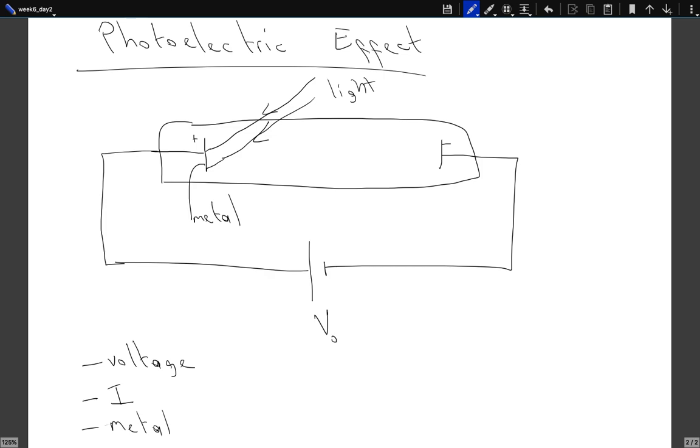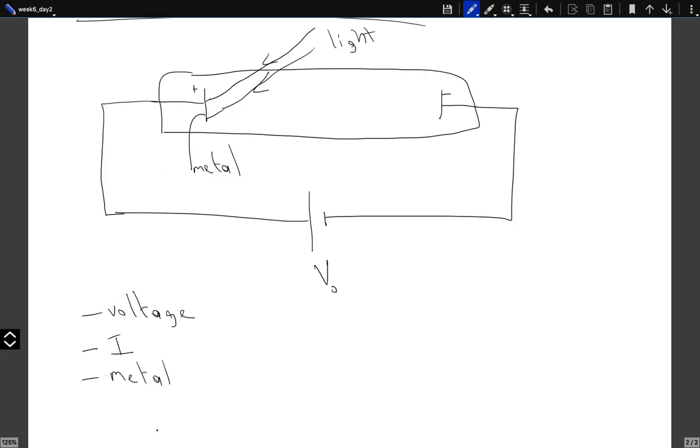Just imagine, we don't know yet anything about the photons. The frequency of light. So these are the parameters that you can control. And you will devise an experiment. What will you measure?